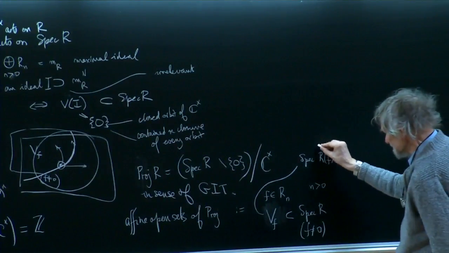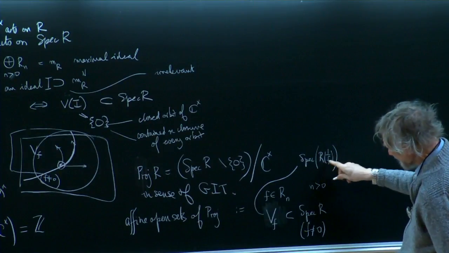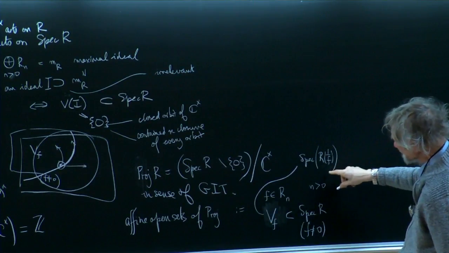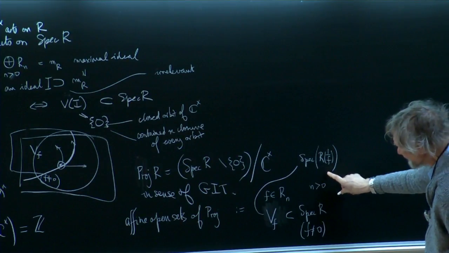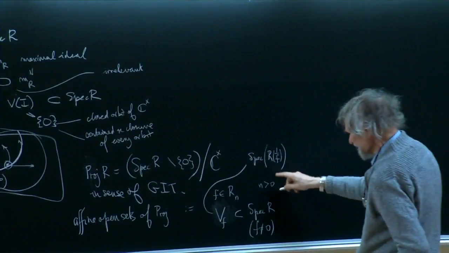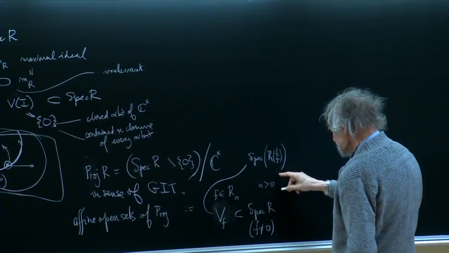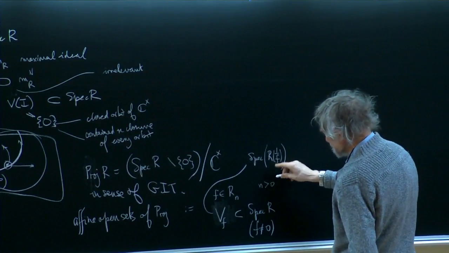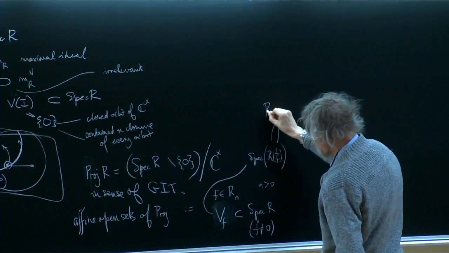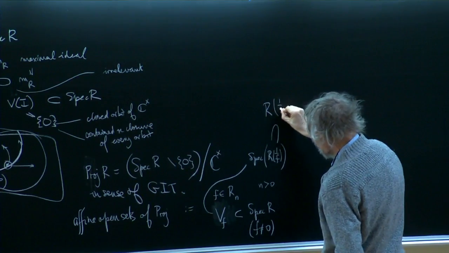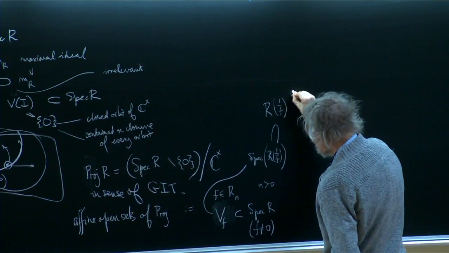Now the group action on this is very, very nice. All of the orbits are closed, and what I want to do inside here is take R[1/f] of degree 0.